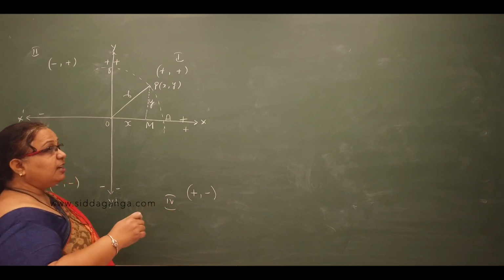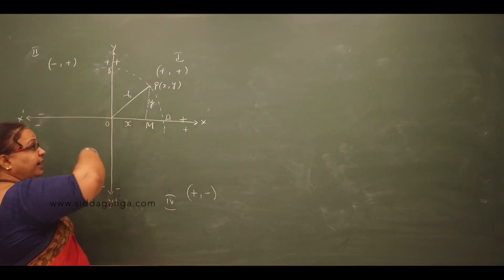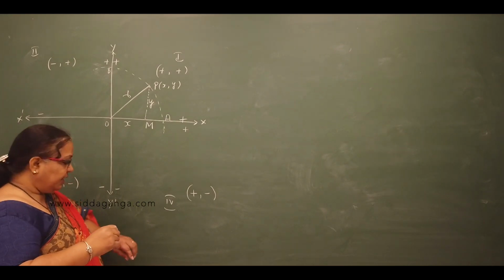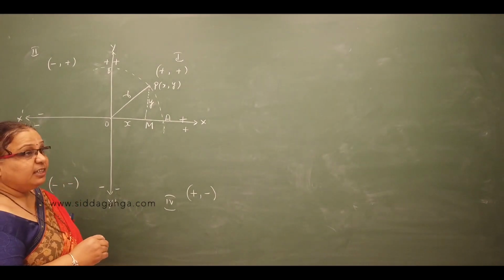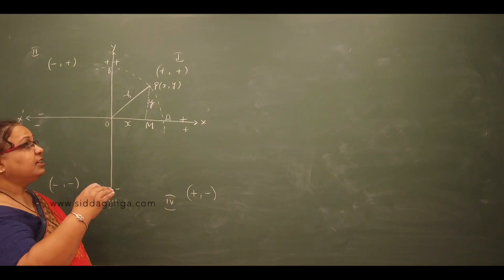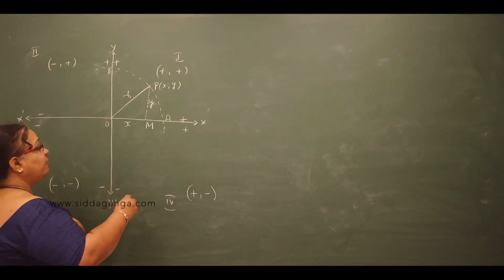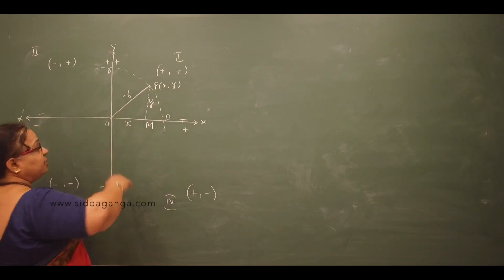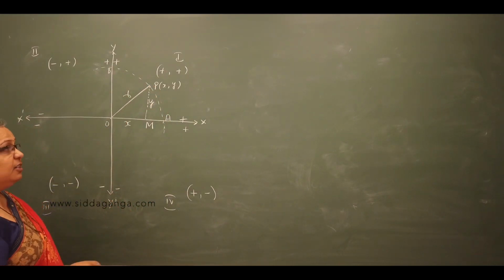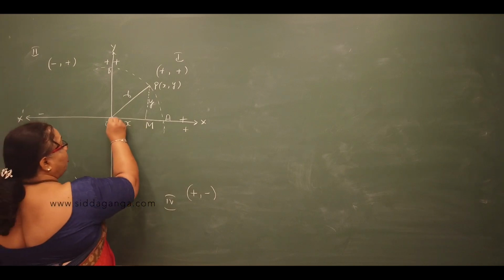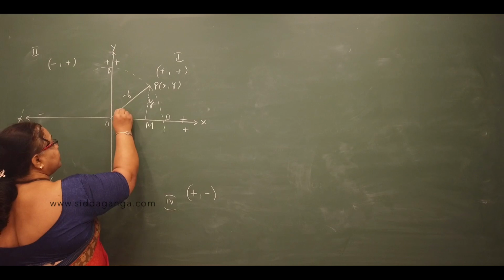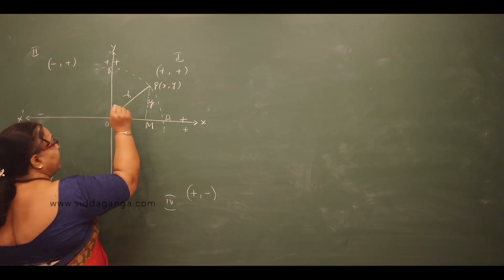So therefore here OP becomes the rotating line to measure the angle. Let it rotate from the initial line OX, that is the positive x-axis, and let the angle be theta.